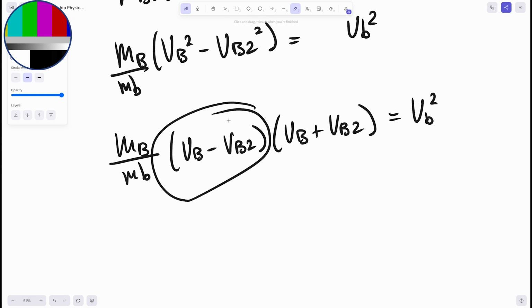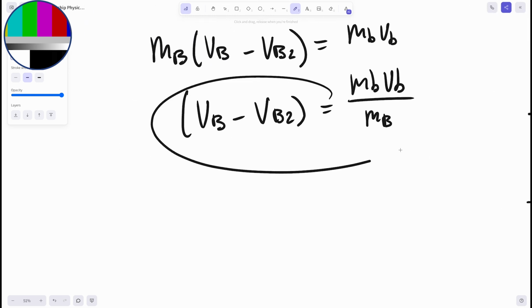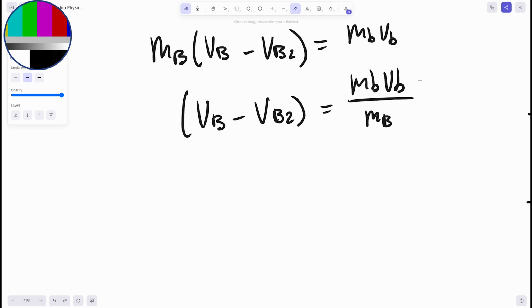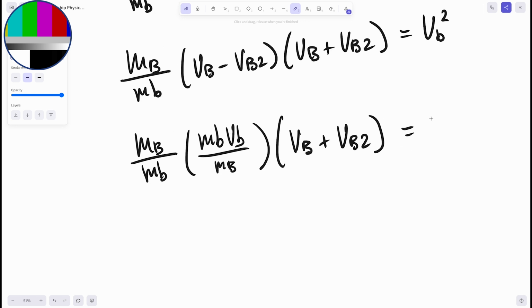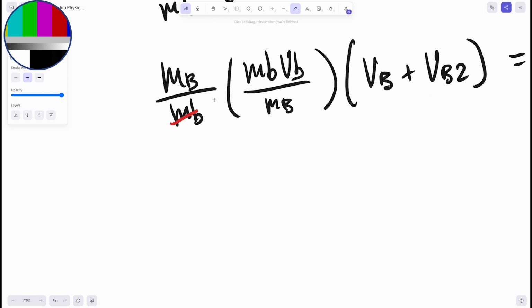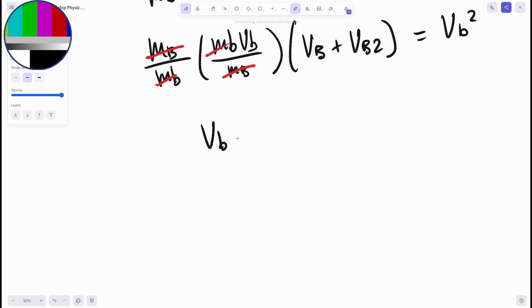Now, as you can see, this term is equal to this right here, and so we can make that substitution. So now this mB cancels out with this mB, and this m little b cancels out with this m little b. And so therefore, v little b times (VB plus VB2) is equal to v little b squared.